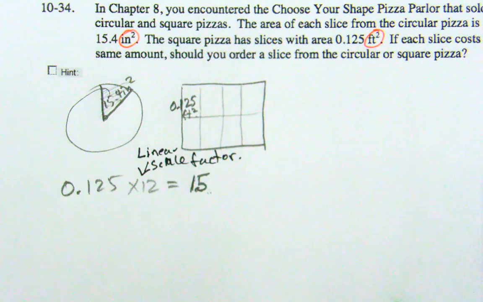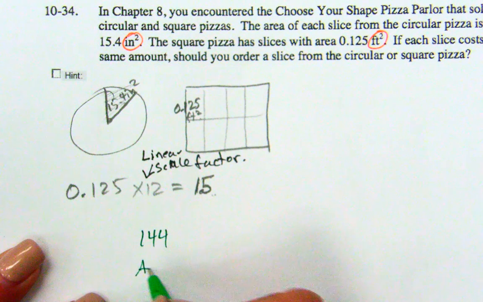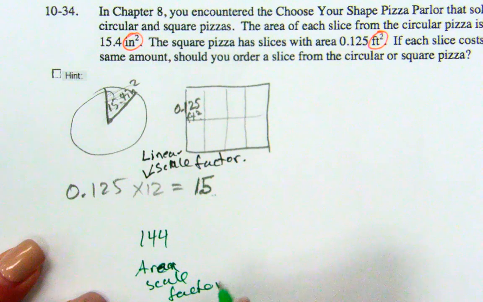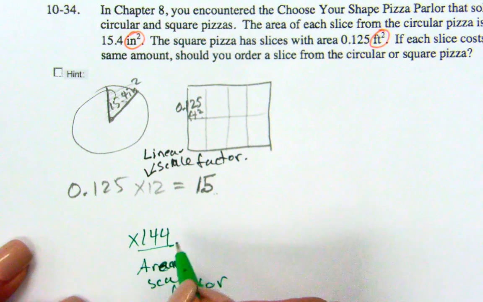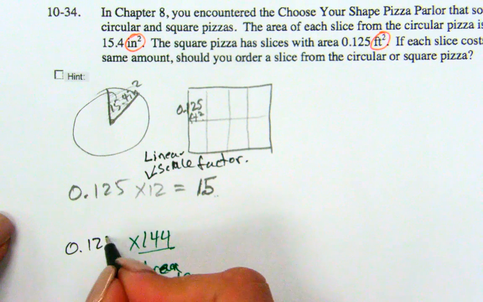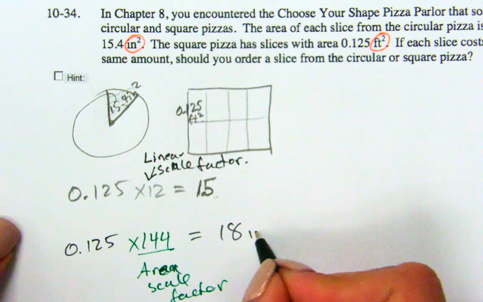So you take 12 and you square it and you get 144. That's the area scale factor. So 0.125 times 144 is actually 18 inches squared.